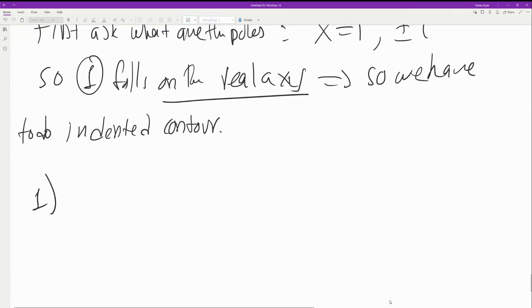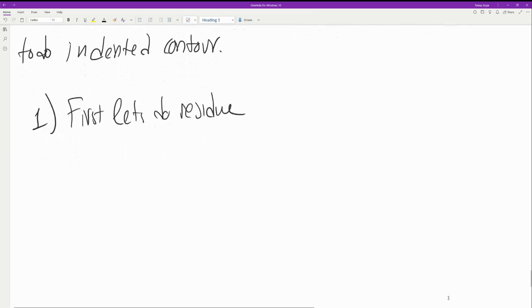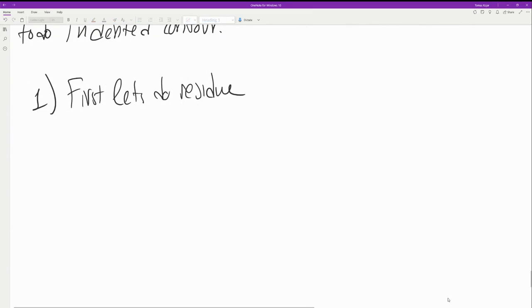So, let's first do the residue theorem since we found the poles. So we have the residue of what? Whenever you see a trigonometric, just put exponentials.